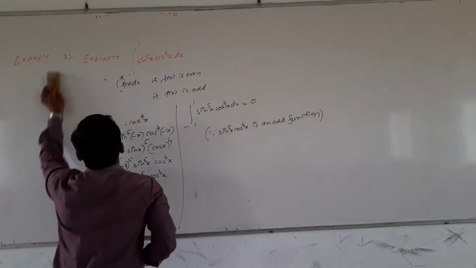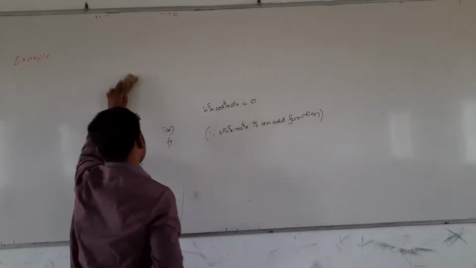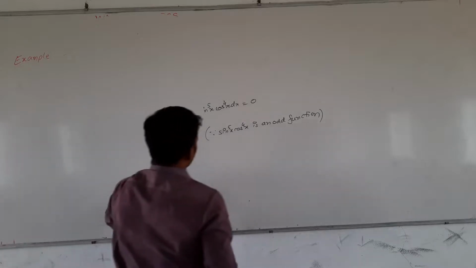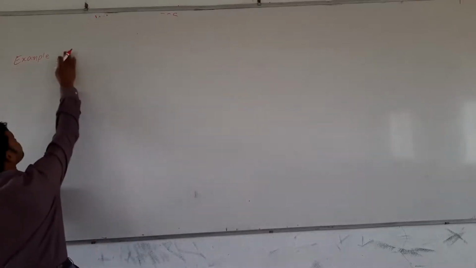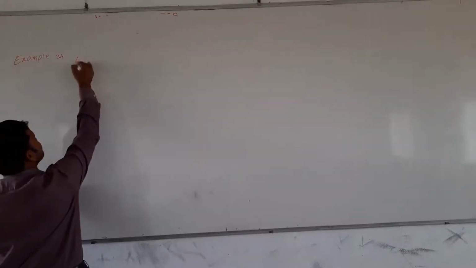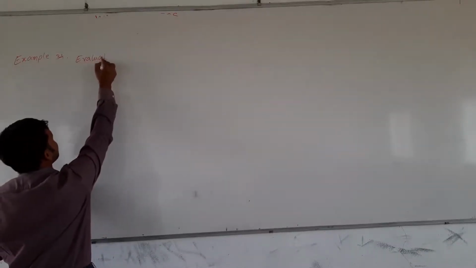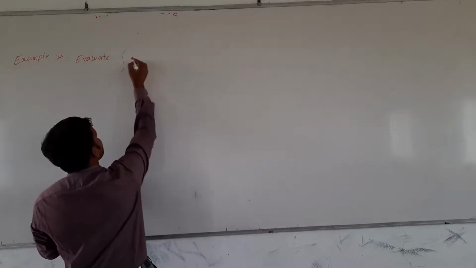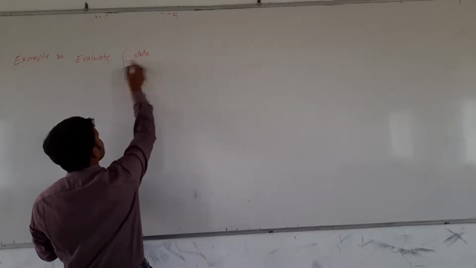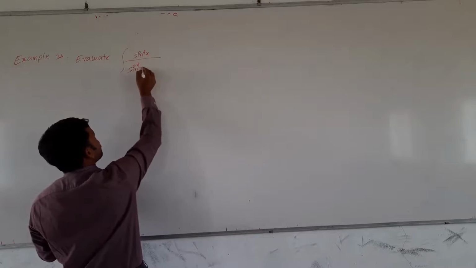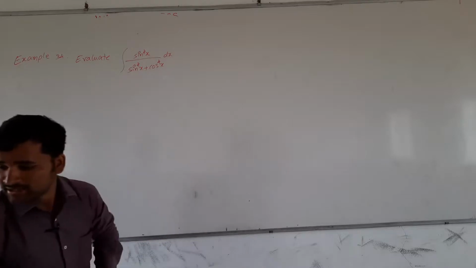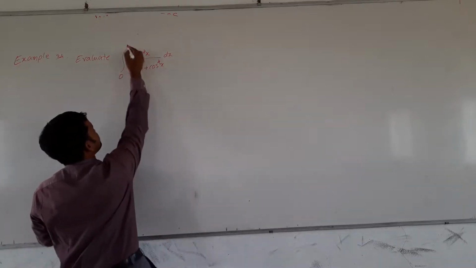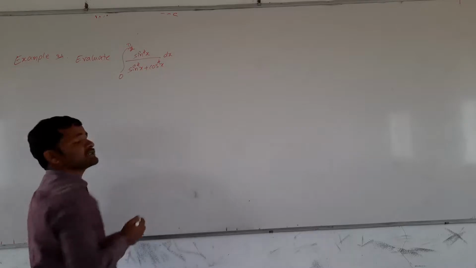Now let us move to the next example, that is 34. Example 34 is given as: evaluate the integration of sin^4 x divided by (sin^4 x plus cos^4 x) dx from 0 to pi by 2.